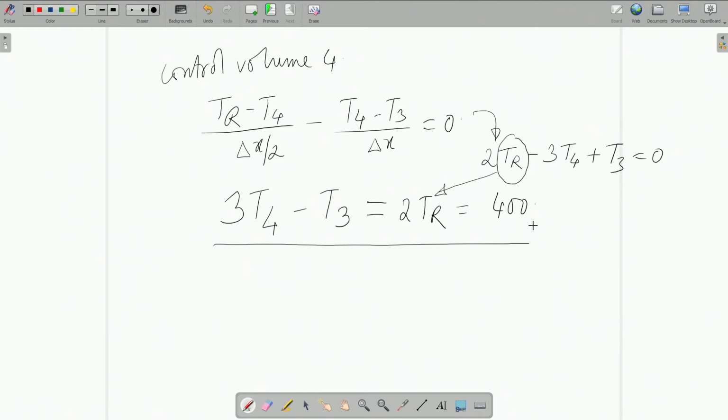and now you need to write the equations for control volume 2 and 3, which are not going to depend on boundary values, because they are not sharing the boundary faces.